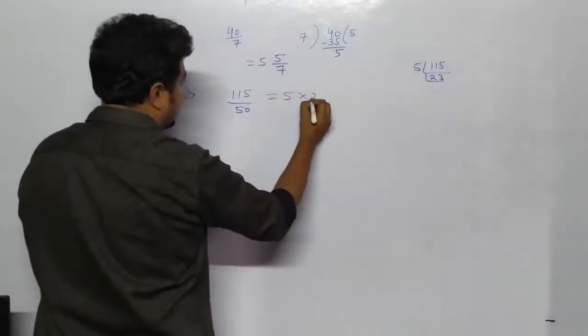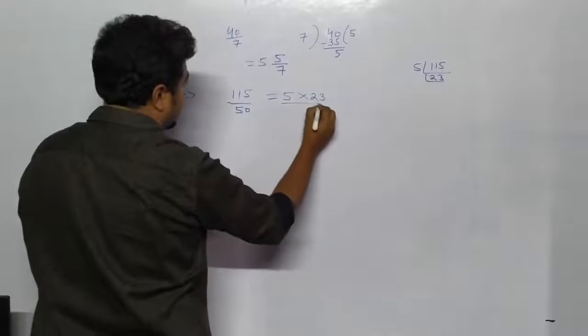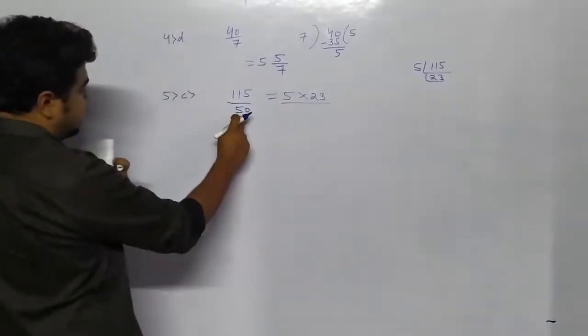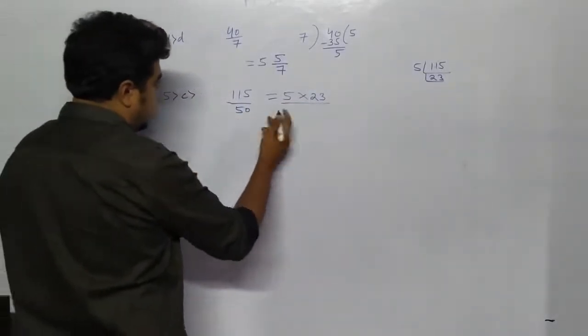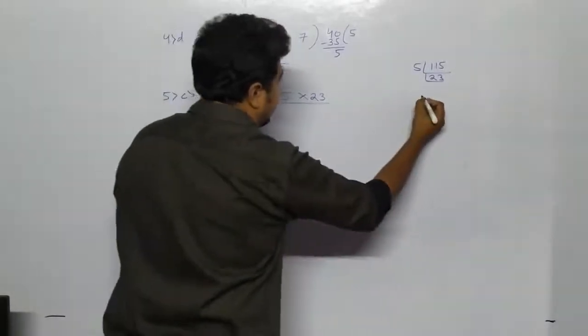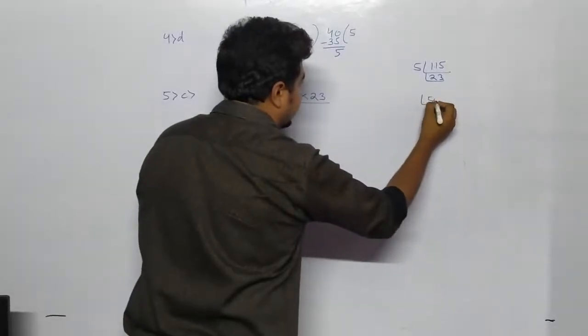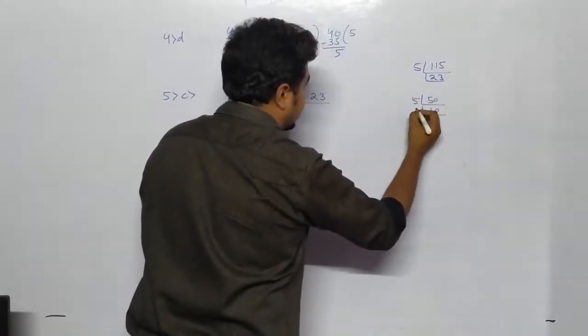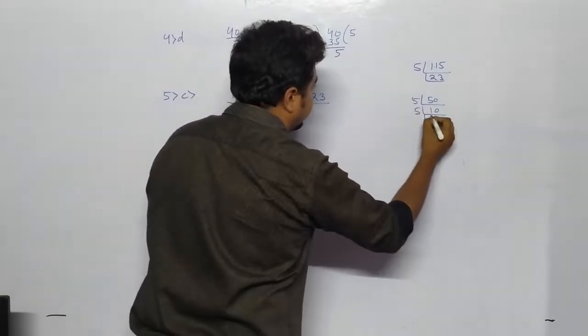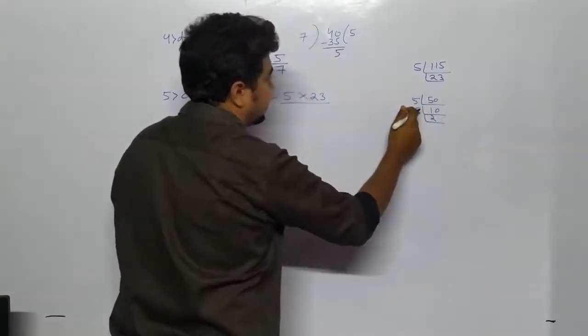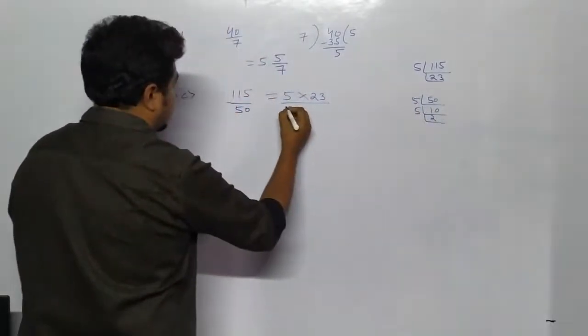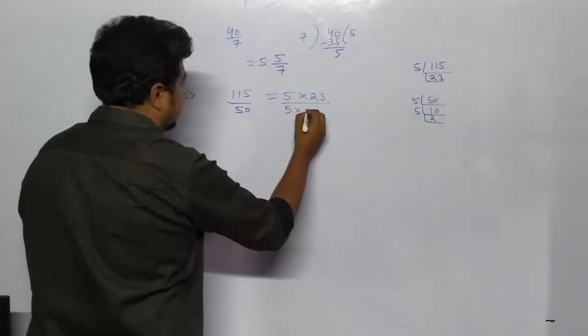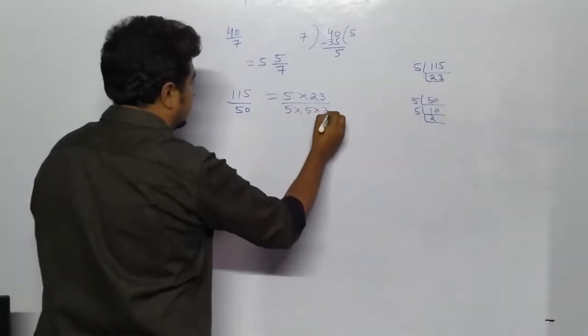By the prime factorization method we are doing 5 into 23, and then from here you can write 50 as first 5, then 10 is left here. You break it into prime factors: 5 into 5 into 2.